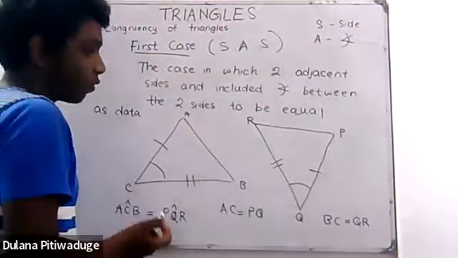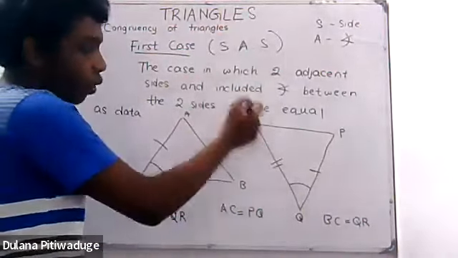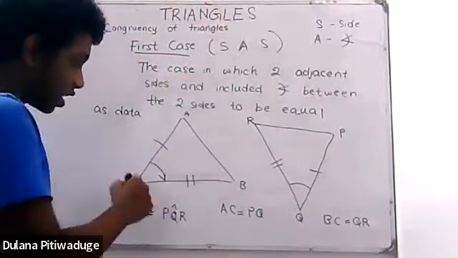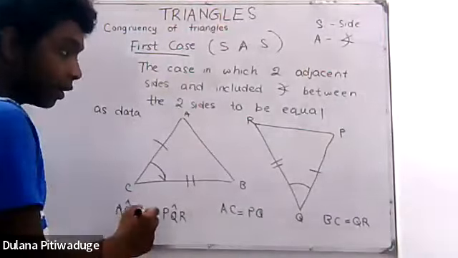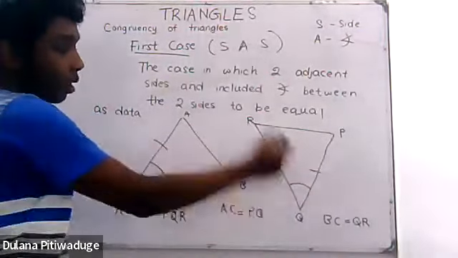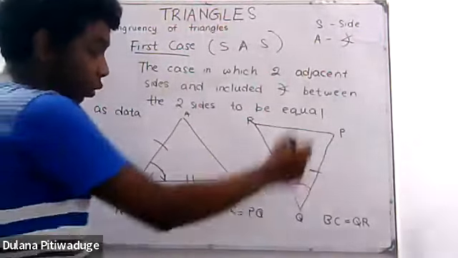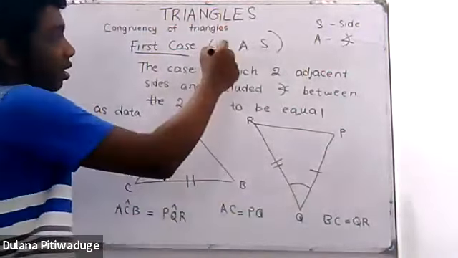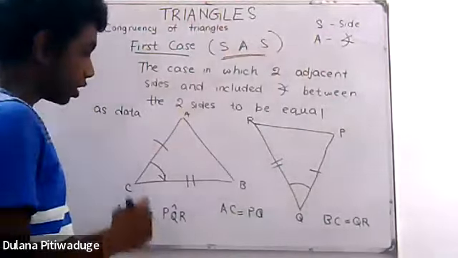One side BC of the first triangle and QR of the other triangle are equal. And the included angle, here it is angle ACB, and over here it is angle PQR. If those 3 elements are equal, the triangles are congruent.